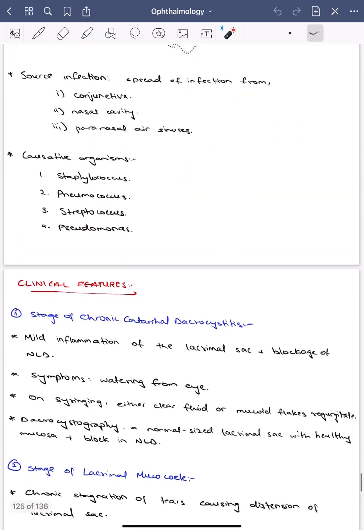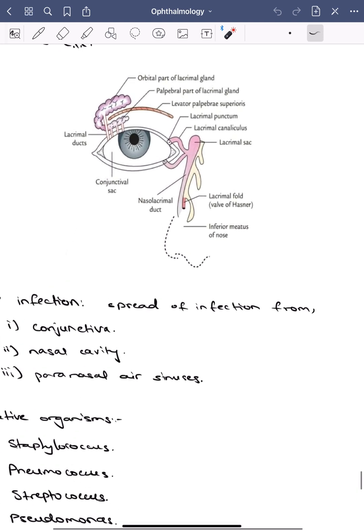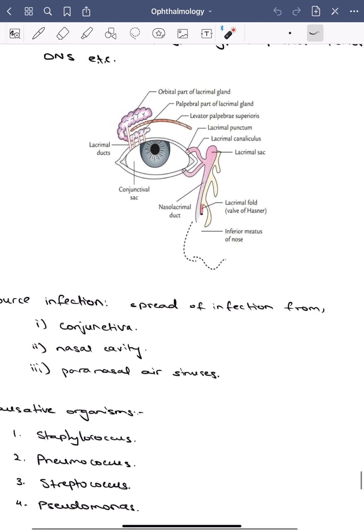Then we discussed the complications, that is the first is recurrent conjunctivitis, then the ectropion of lower lid, maceration or eczema of the lower lid skin, corneal ulceration and endophthalmitis.